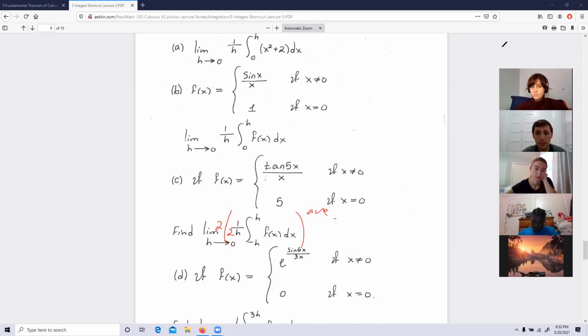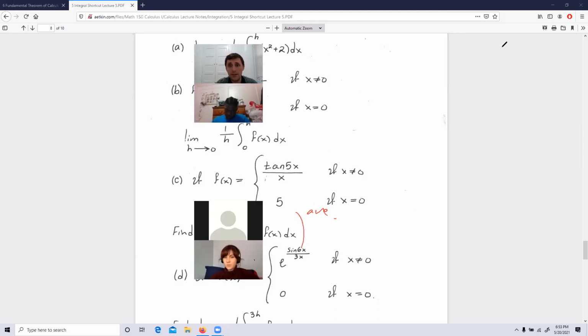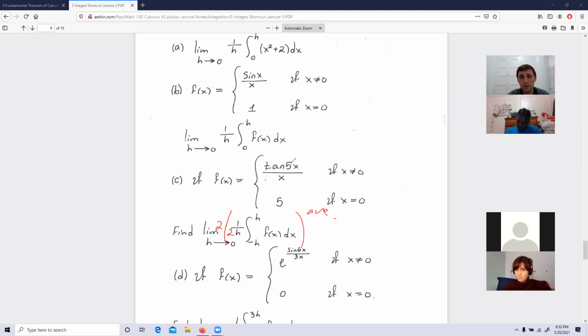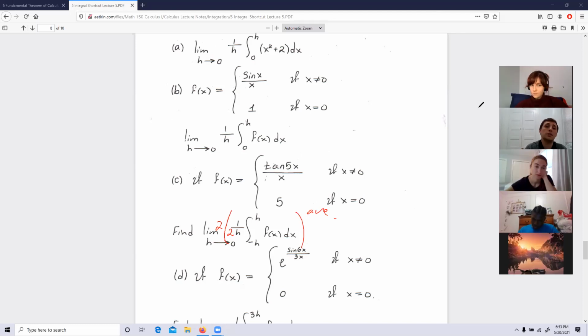What do you see here? You can obviously observe that tangent of 5x over x is approximately what, guys? If x is very close to 0, tangent of 5x over x is very close to what number, please? Everybody should write. Yes.